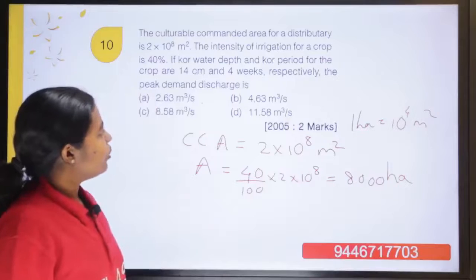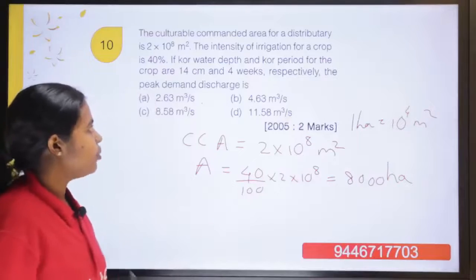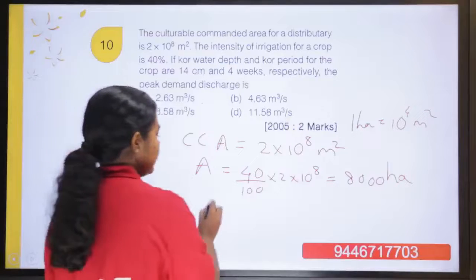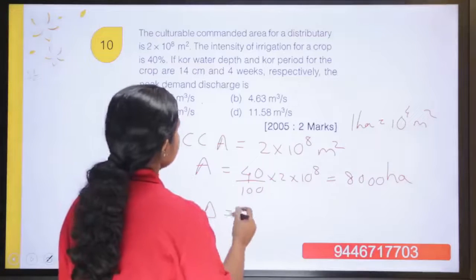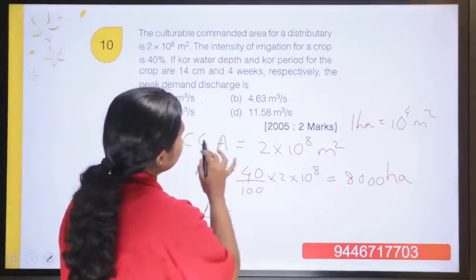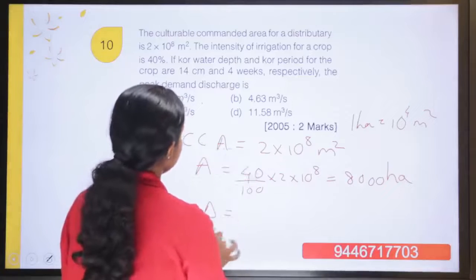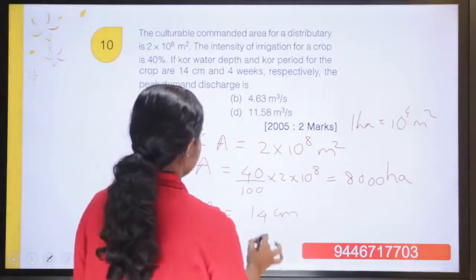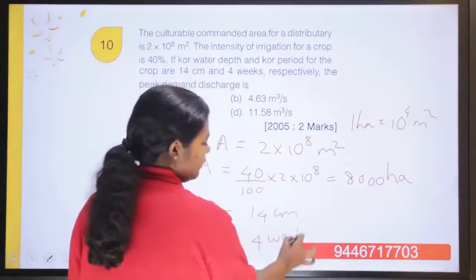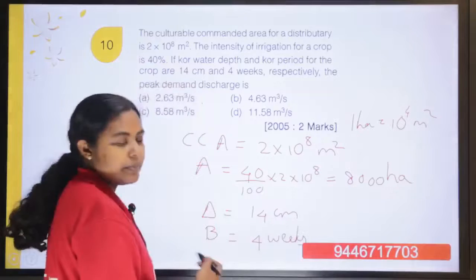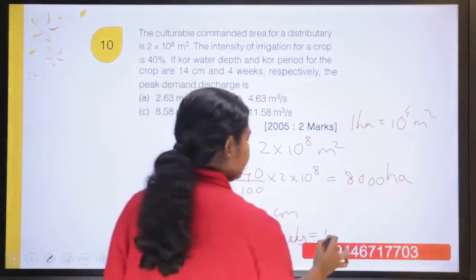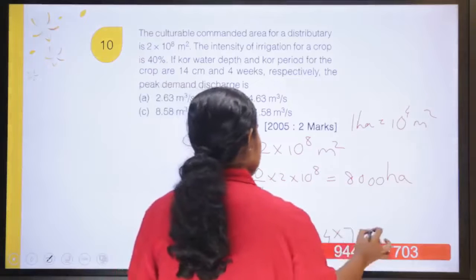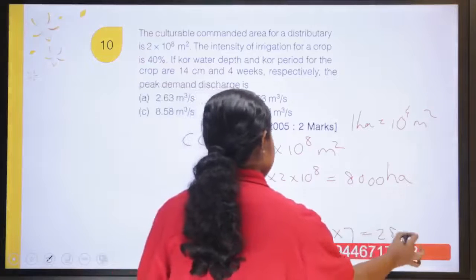Now, the core water depth, which is similar to delta as we discussed in the theory, and the core period are 14 centimeters and 4 weeks. Always remember that the base period should be in days, so it will be 4 into 7, that is 28 days.